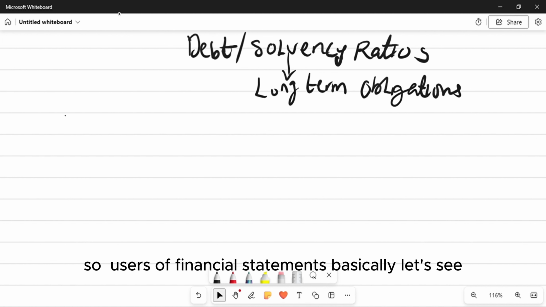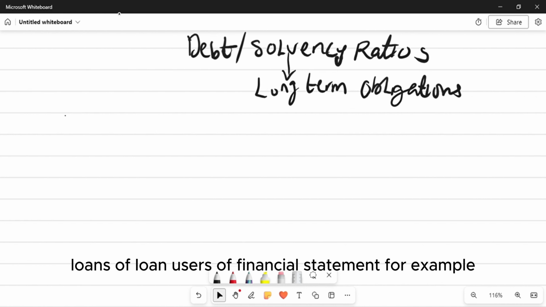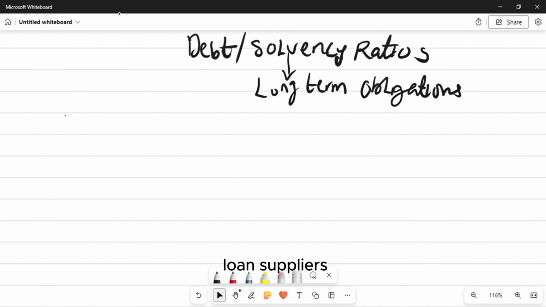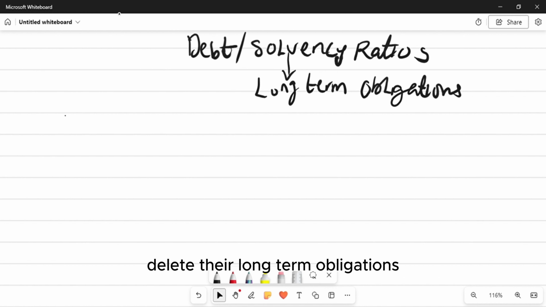Users of financial statements, for example loan suppliers, are mainly interested in the long-term survival of a firm. This long-term survival has to do with their long-term obligations, the ability of a firm to cater for them. Specifically, they are interested in the firm's ability to pay long-term obligations.